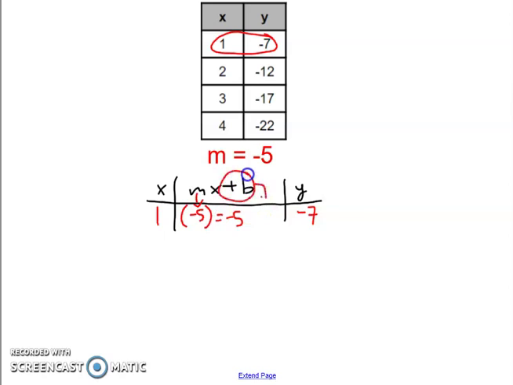Now I have to figure out, I'm at -5, but I need to be at -7. So -5 minus 2 gets me to -7. So my y-intercept is -2, which means my equation would be y equals slope, -5, times x, minus 2, my y-intercept. Okay, that's it.